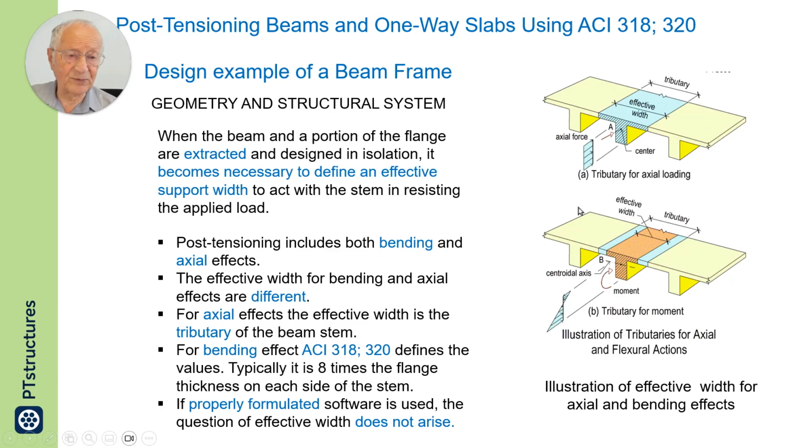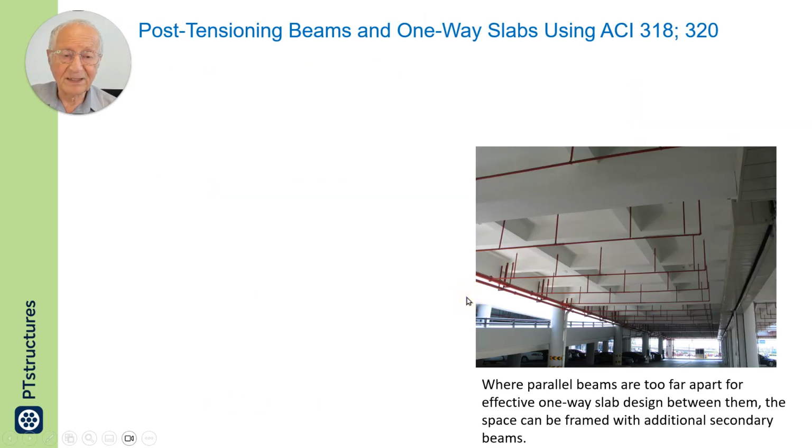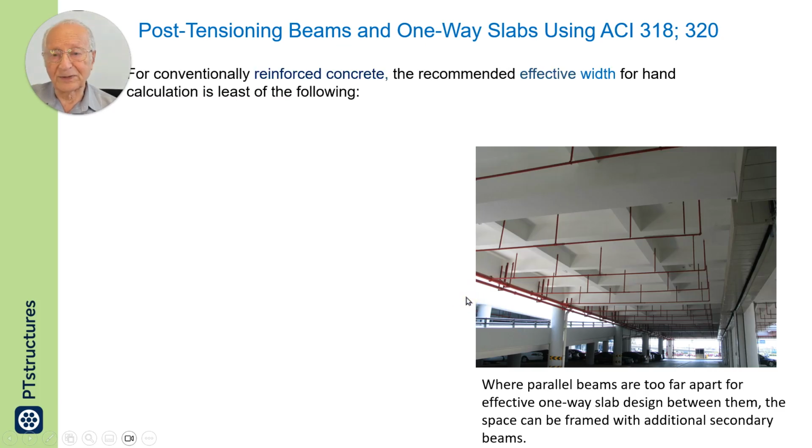But if you have software which can model this as I have shown here and analyze it with detailed finite element using theory of elasticity and engineering mechanics, this question does not arise. The question of effective width does not arise. You get the answer directly and differently.